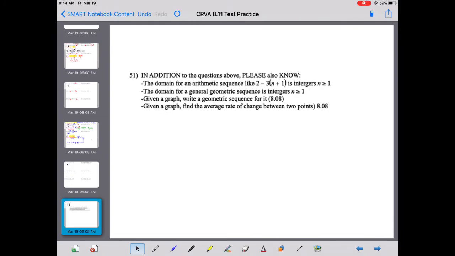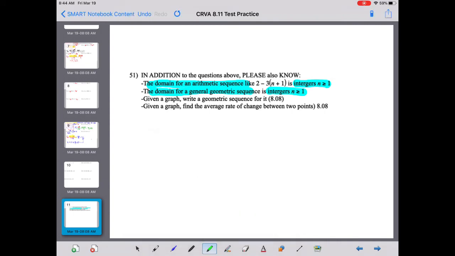Last but not least, things to know. The domain for any arithmetic sequence is integers greater than or equal to 1. And same for a geometric sequence, integers n greater than or equal to 1. That's the domain. That's what you can have for your input value.